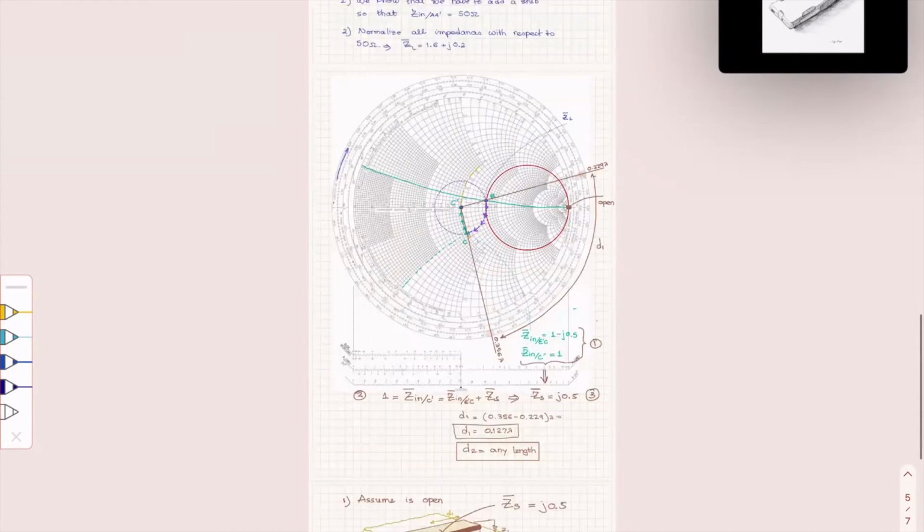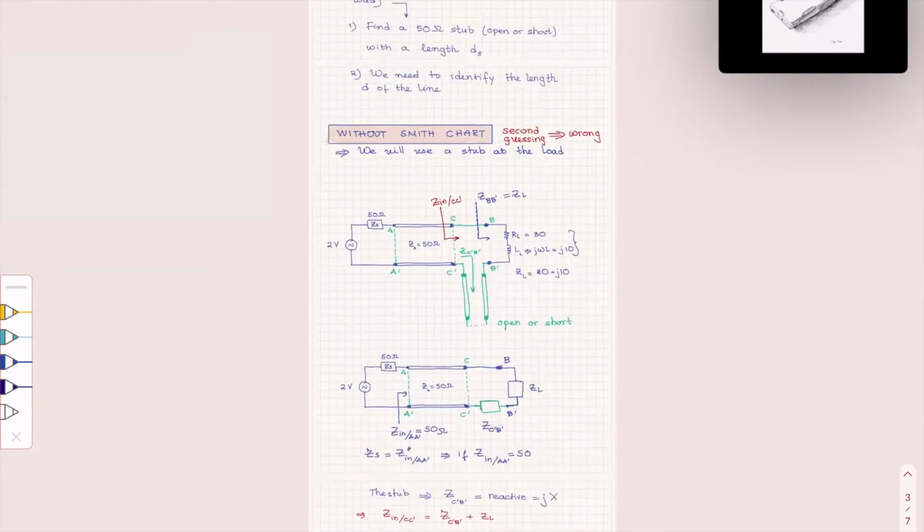You can take this problem and try to solve it, follow that, and then you can show me the solutions, put other numbers there, or instead of a series stub, try to put a shunt stub, because to be able to design a low noise amplifier, we need to do two matching networks, one in the front of the transistor and one at the end of the transistor. And there is no way you can do these two matching networks without knowing Smith charts.